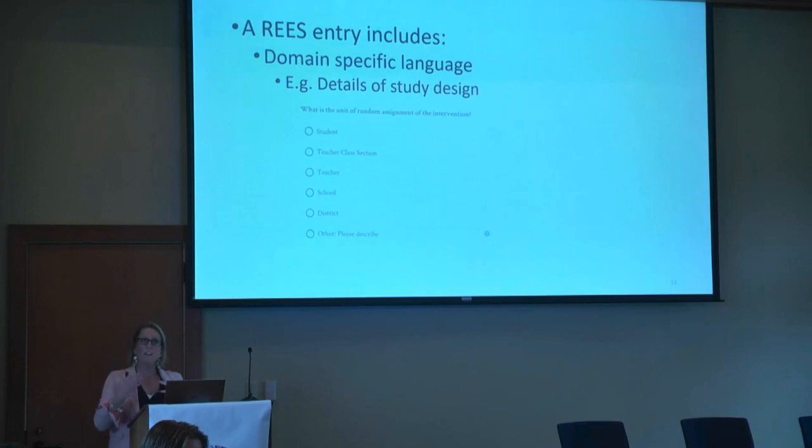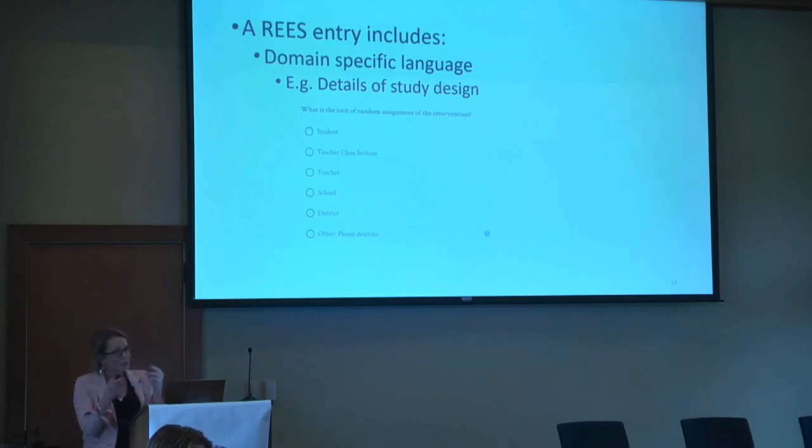And we know enough about the impact studies that are being done that we felt we could identify, for example, in this particular question, the potential unit of random assignment. So after a person says that they're doing a randomized trial, they're going to be asked a host of questions with more specific details related to their randomized trial. And again, because we're in a pretty small domain, we actually can give most of the options that someone would see.